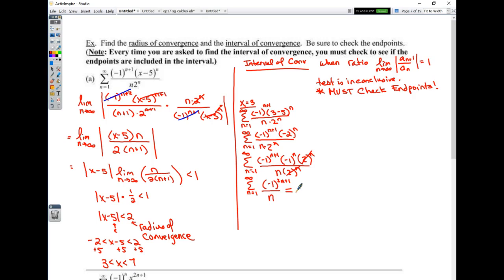This is negative 1 to the... Check it out. Think about what these numbers are going to become. 3, 5, 7, 9, 11. Folks, if you start thinking about that, this is always going to be negative 1 to an odd number. What do you know about that? It's an odd number, which means this is negative.